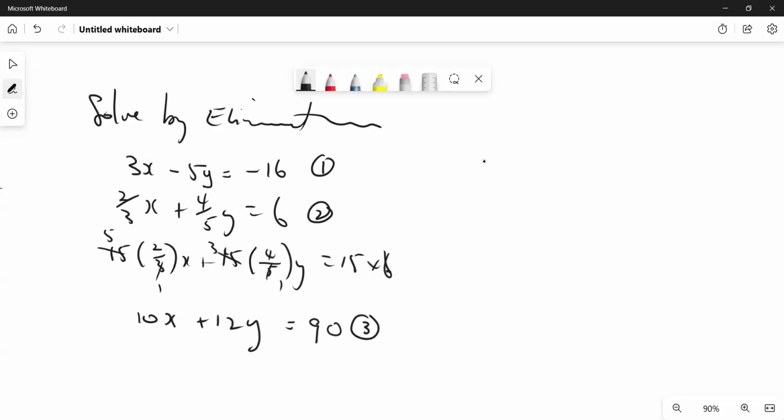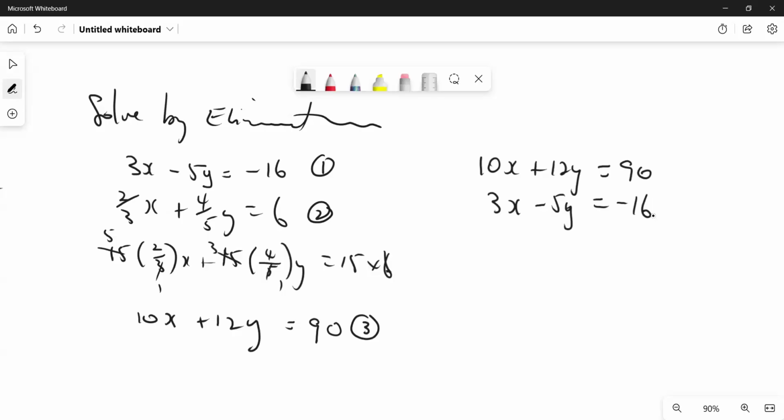Let's put equation 3 on top here, 90. And then we can put back equation 1 here, 3x minus 5y equals minus 16. Good.